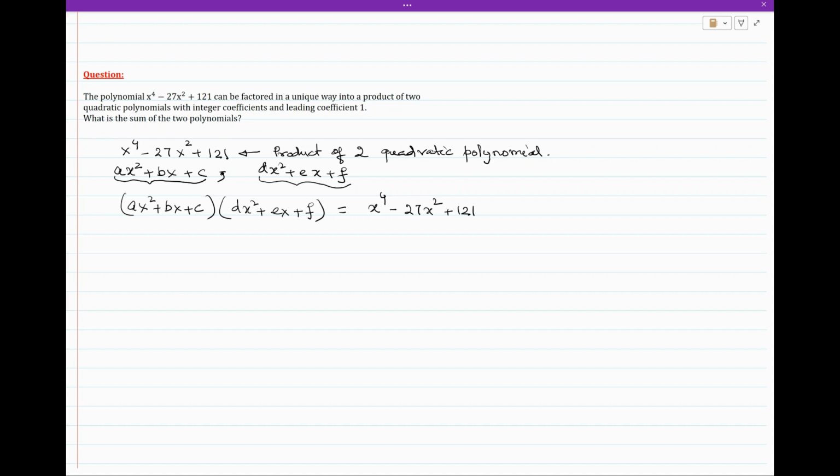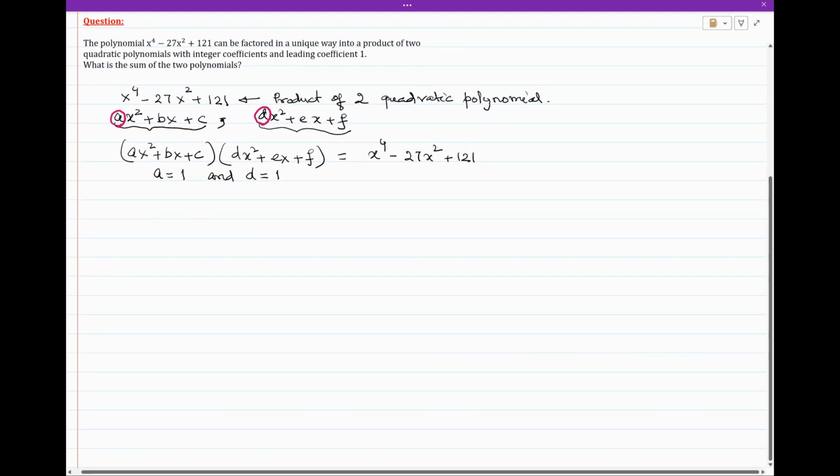Now, in the question, it is also mentioned that the leading coefficients are 1. What are the leading coefficients? A is one leading coefficient and D is another. So, we get A is equal to 1 and D is equal to 1.